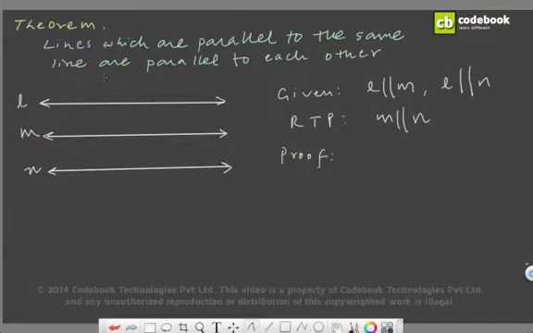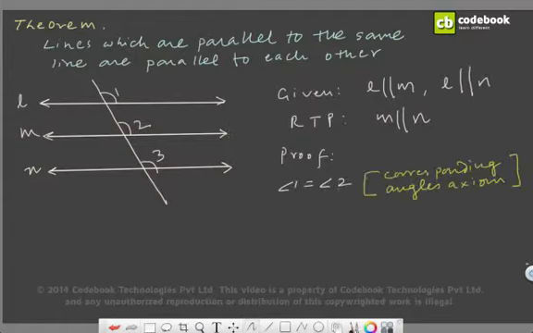Let us draw a transversal, and this transversal forms angles 1, 2 and 3 with respect to the three lines L, M and N. In the first case, consider the two parallel lines L and M. We know that angle 1 is equal to angle 2 based on the corresponding angles axiom: if a transversal intersects two parallel lines, then the corresponding angles formed are equal.